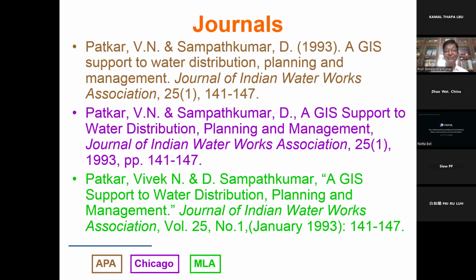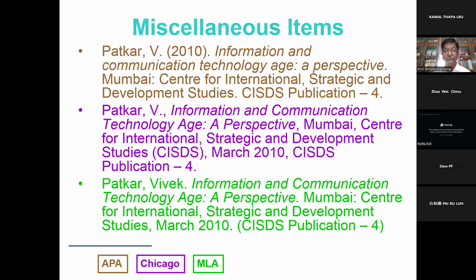And the same thing for the journals, how the journals can be written down. Generally the names of the journals are given in italics, and the same for the year in the APA system, then the Chicago Manual, and the last is the MLA system. So this is the way of giving references in your paper.